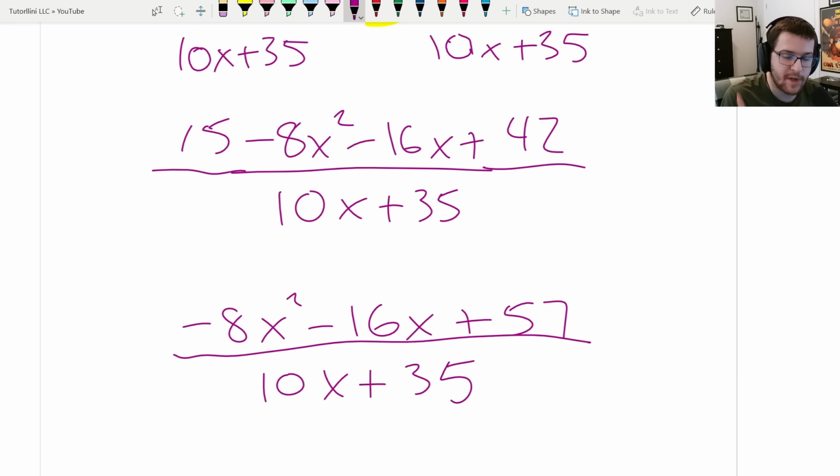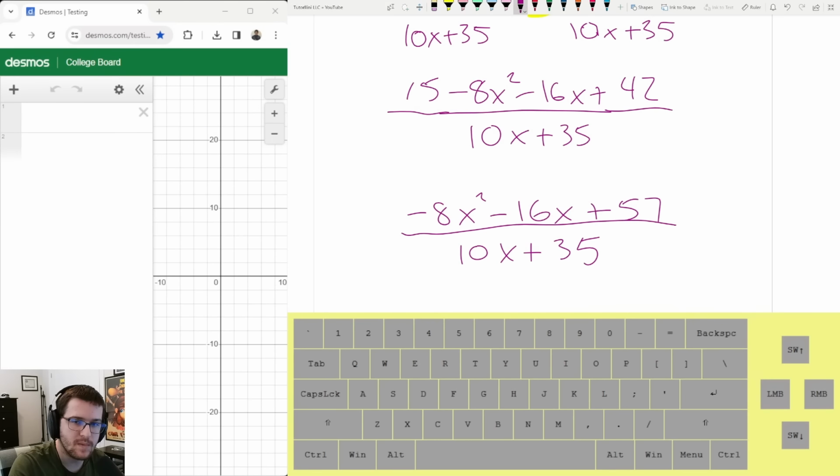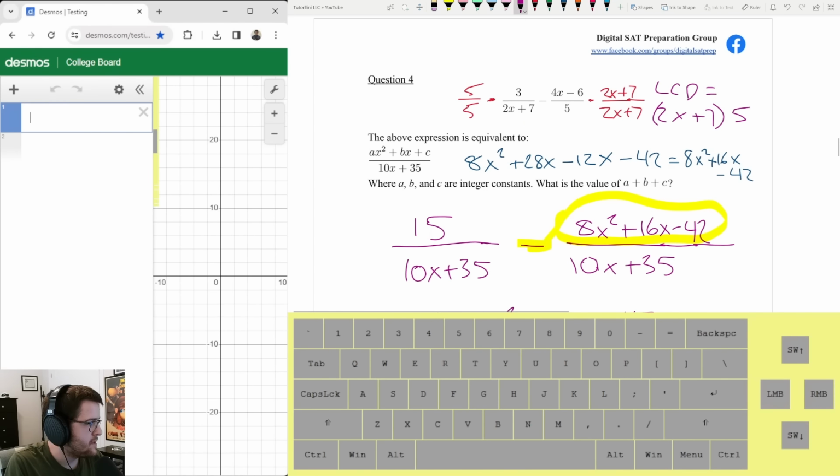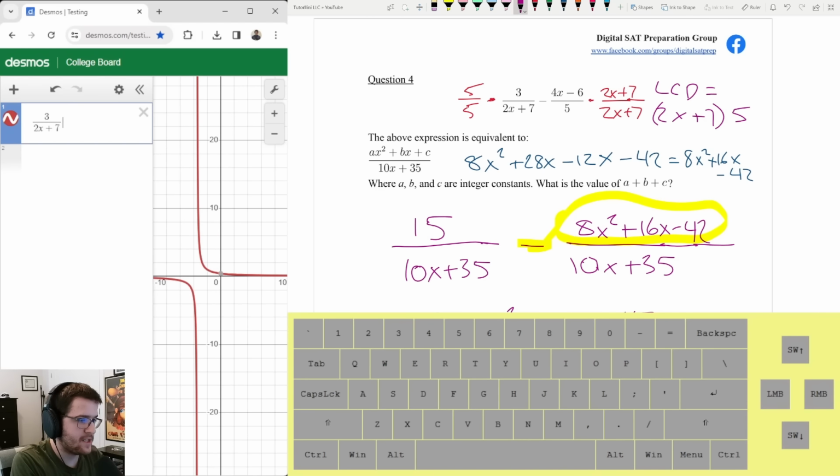Before we determine our answer, just like with any equivalent expressions question, I suggest you check it with Desmos. I go over this in my Desmos videos. You can type in the original, 3 over 2x plus 7, minus, and then I'm going to do the fraction sign first, because I have a messy thing on the top, 4x minus 6, tab 5.